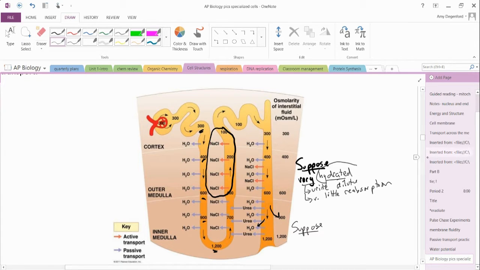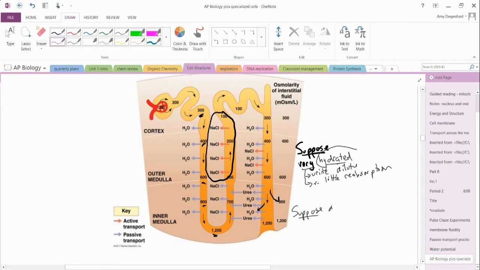Now, if we're very dehydrated, the opposite is going to be true. We want the urine to be very concentrated. In other words, very little water. In order to accomplish that, we need to absorb a lot of water. We need to reabsorb it back into the body tissues.